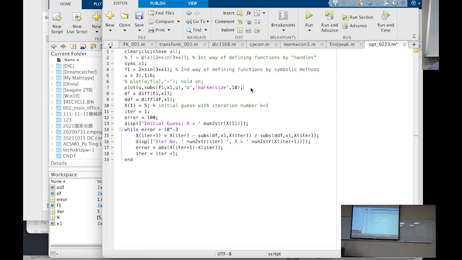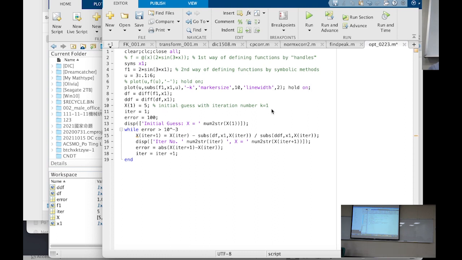So over here I will do a straight line, black, and I think I need to make the thickness of the line thicker. It's a line width 2, and hold on right here.